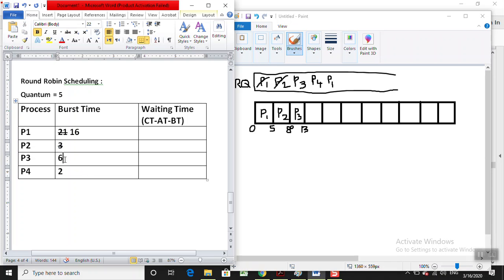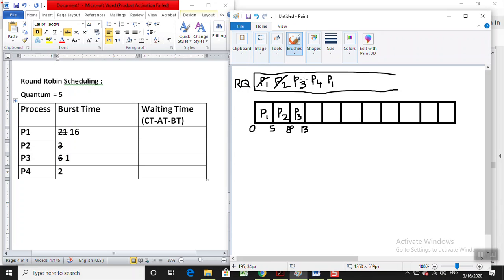How much time is left now? 1 millisecond is left for process P3 to complete. So I will remove this from the ready queue, and it will come after P1 again.